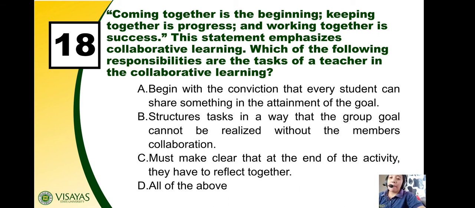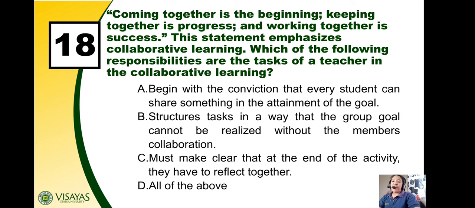A. Beginning with the conviction that every student can share something in the attainment of the goal. B. Structures tasks in a way that a group goal cannot be realized without the members' collaboration. Letter C. Must make clear that at the end of the activity, they have to reflect together. Letter D. All of the above.